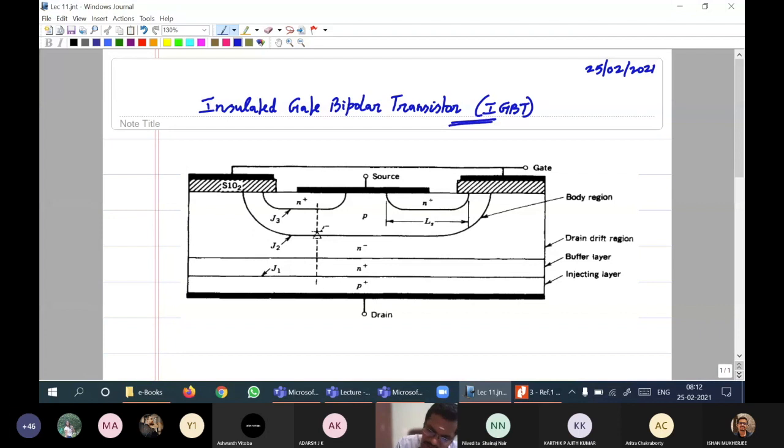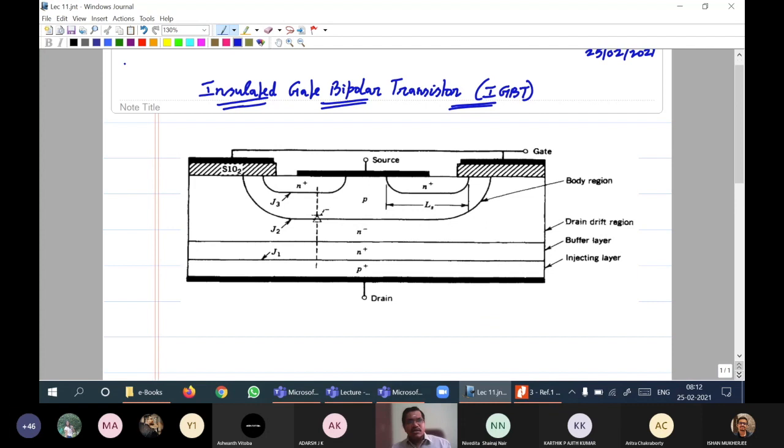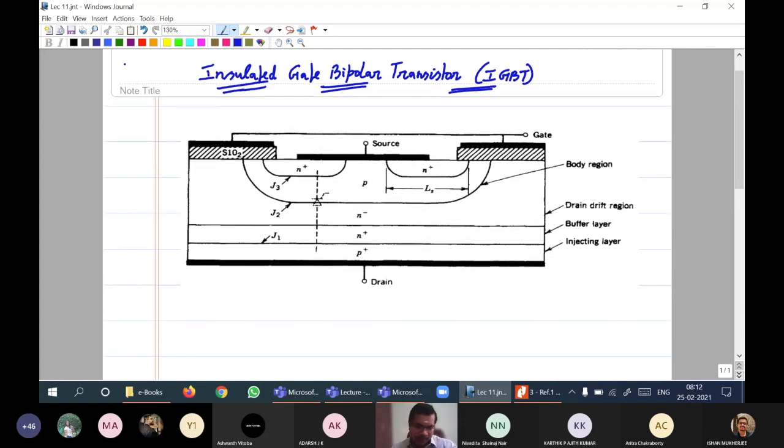Now there are other names for IGBTs as well. People call this COMFET, and people call this IGT, insulated gate transistor. That is another name that is commonly used. The jury is still out, but IGBT has become quite a popular term.